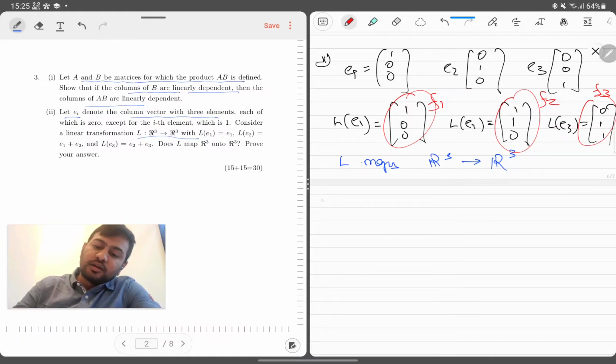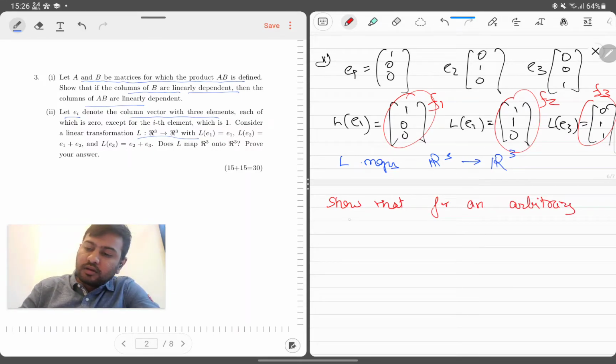Now what we can show is that for an arbitrary point in R3, let me call it y belonging to R3, there exists x belonging to R3 such that L of x is equal to y.